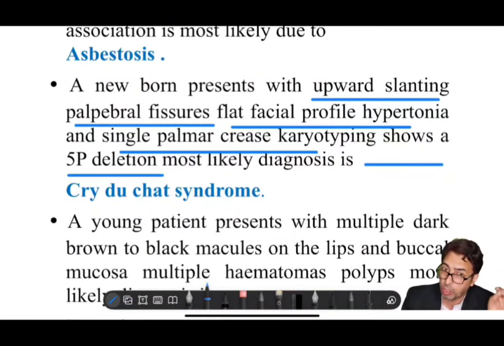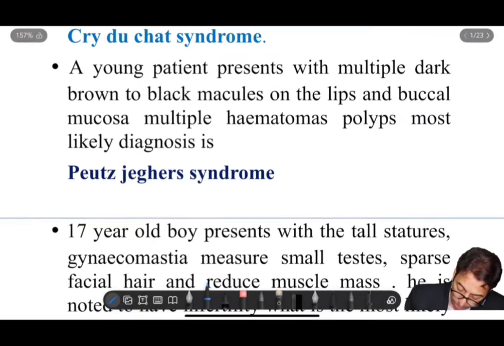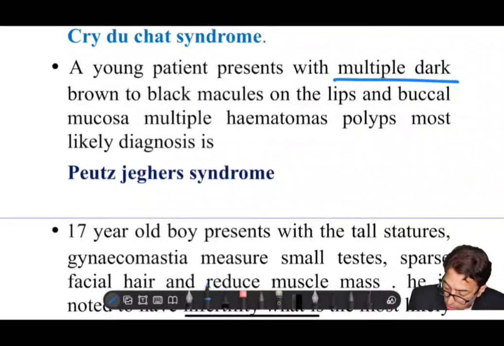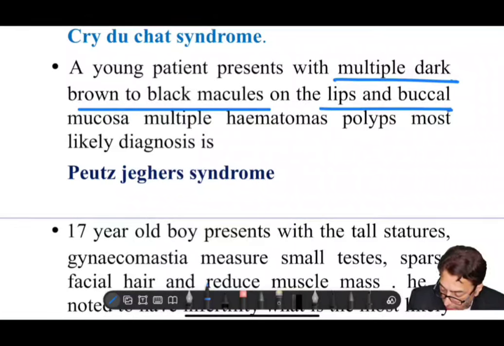And remember to read the question in full. Now, another question from pathology, say surgery. A young patient presents with multiple dark brown to black macules on lips and buccal mucosa and has hamartomatous polyps. The most likely diagnosis is.